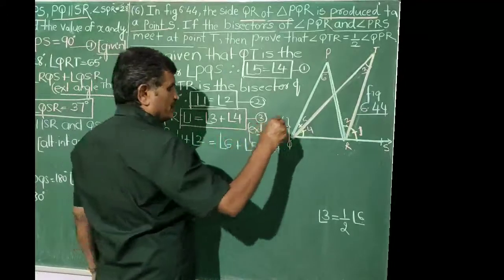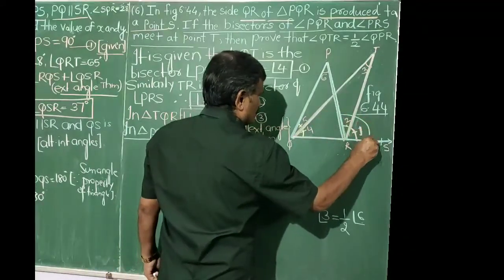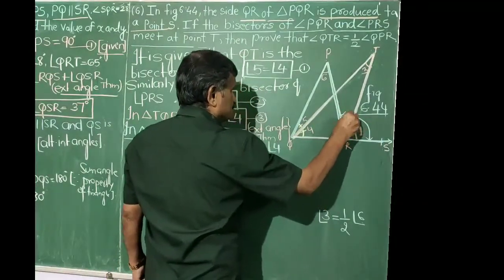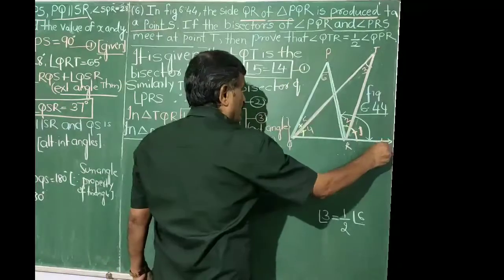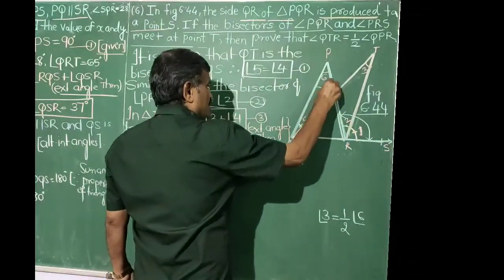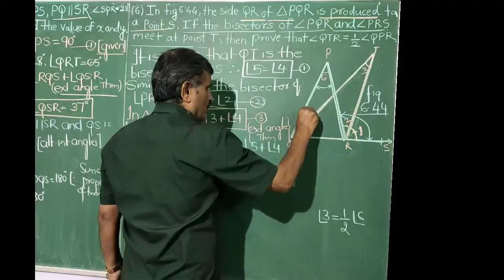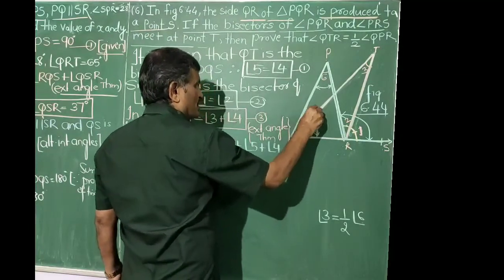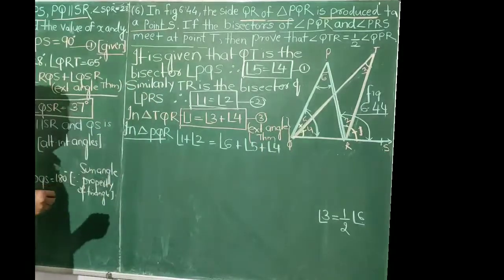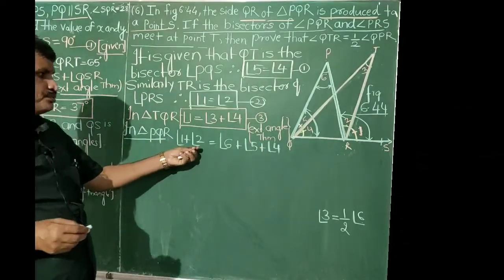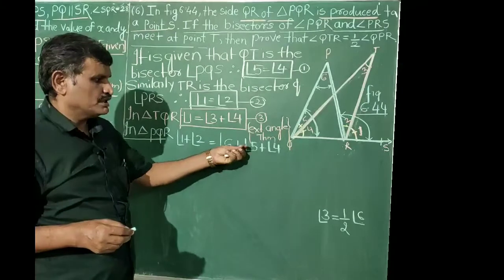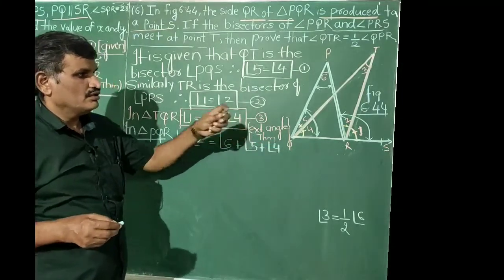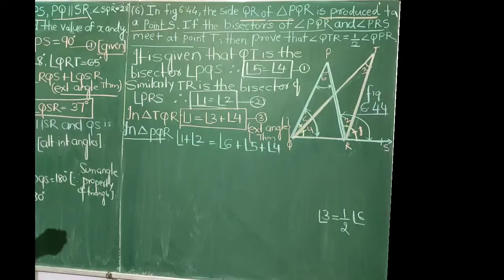Just look at it once again if you didn't understand. This is the exterior angle theorem. This is the exterior angle. This is the interior opposite angle. I am talking about triangle PQR. Don't forget that. So angle 1 plus angle 2 is equal to angle 6 plus angle 5 plus angle 4.